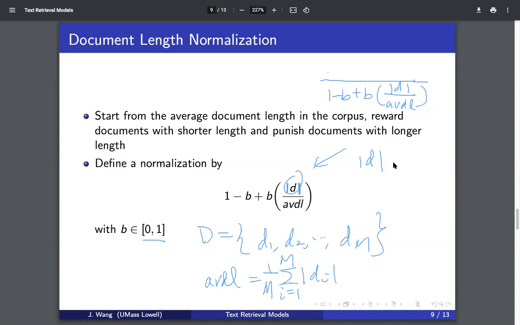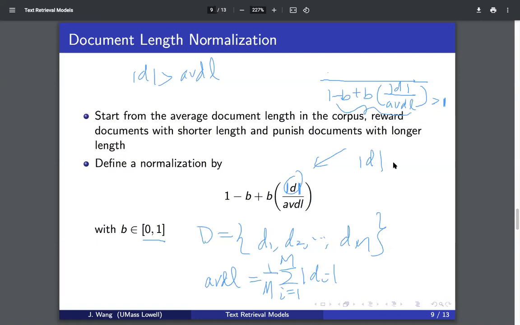When D is longer, when this D is greater than its average, that means this part is greater than 1. I want a penalty, meaning that I want the denominator to be greater than 1 also.